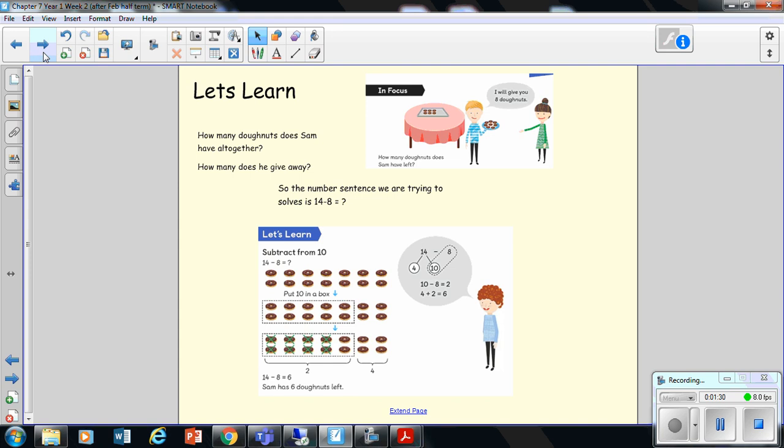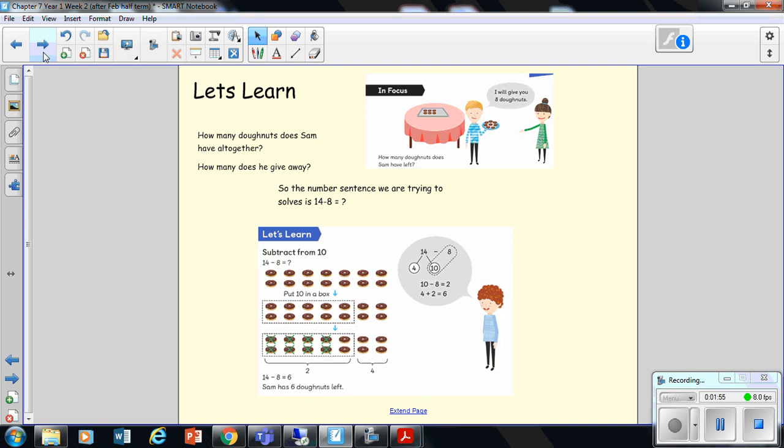Well done, Year Ones. So hopefully you have had different conversations about the strategies you would use. Okay, so there's crossing off the donuts, or taking them away and putting them somewhere else, or pretend eating them. There's lots of strategies. The first question you would have had to ask yourself was, how many donuts does Sam have all together?